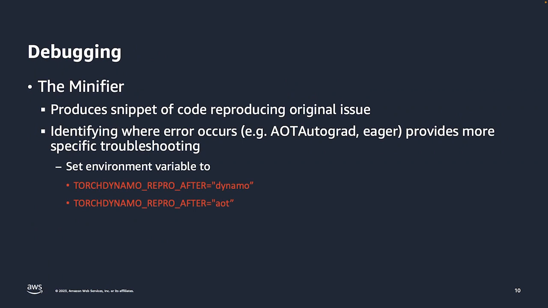And it's good to know a little bit more about what's underneath torch.compile, since you can also specify where you want to troubleshoot and get more specific troubleshooting. So you would just set an environment variable to see if the issue is being caused in AOT Autograd, eager, and just get a lot more specific recommendations.